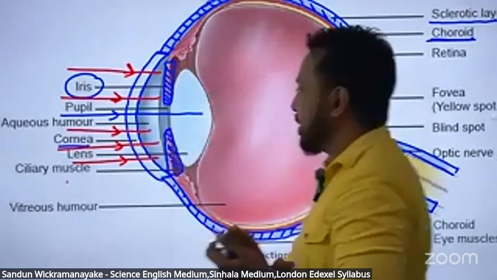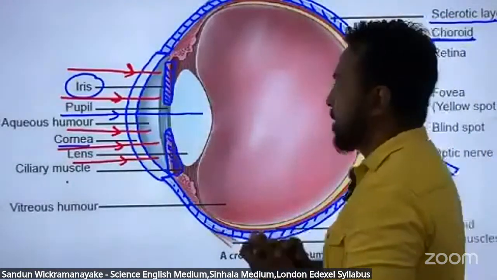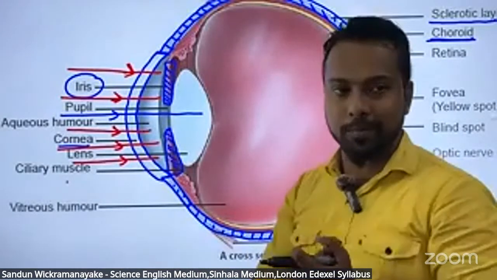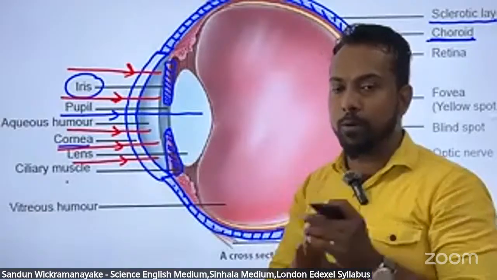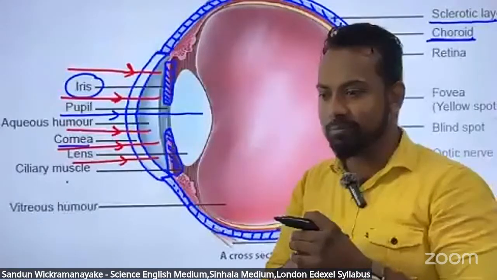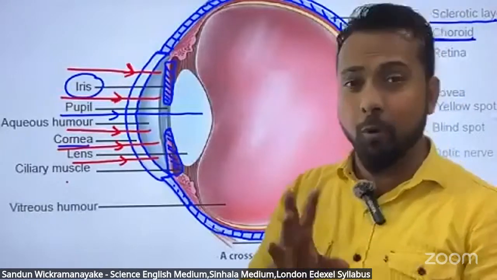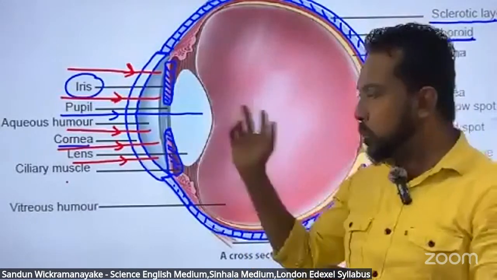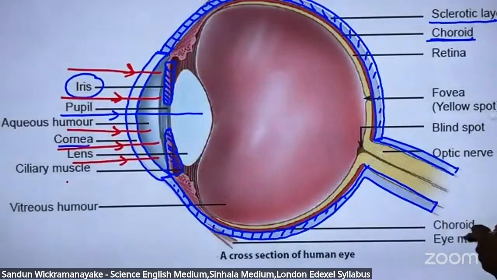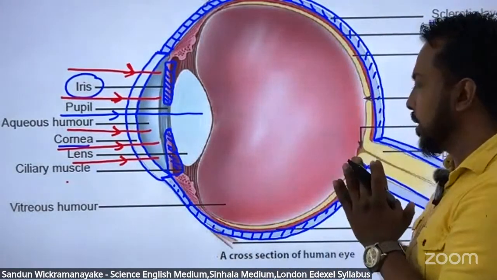Inside this cornea, there is some kind of liquid that is known as aqueous humor. Right? Aqueous humor. Okay, boys and girls, it's like water. There are two liquids inside this human eye.